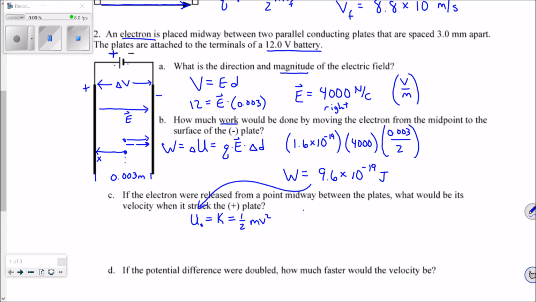So I end up with 9.6 times 10 to the negative 19th. That's going to equal 1/2 times the mass. We're still working with an electron, so that's going to be 9.1 times 10 to the negative 31st power times final velocity squared. If it helps me to visualize this as energy with a final on there, then I do it.